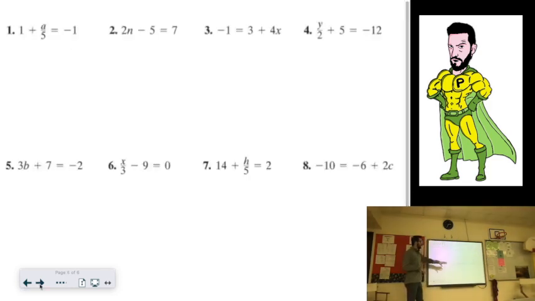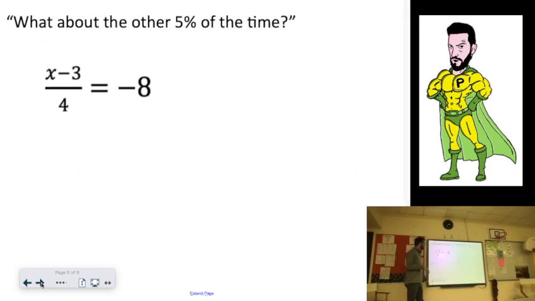Bunch of problems that you can practice here on the notes. But here's the other 5%. So you'll notice the difference here is x minus 3 is like one group. It's the numerator. It's all being divided by 4. So if we want to cancel all of that being divided by 4, we can multiply by 4, because multiplication cancels out division.